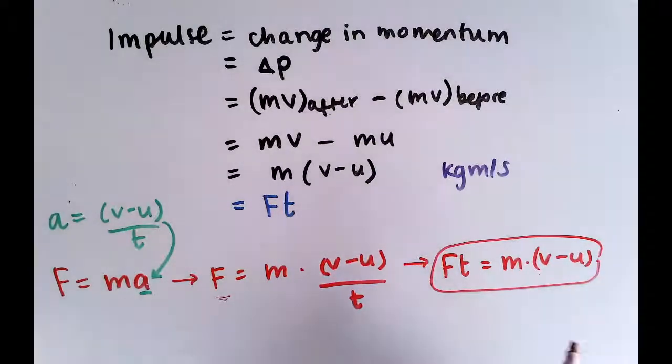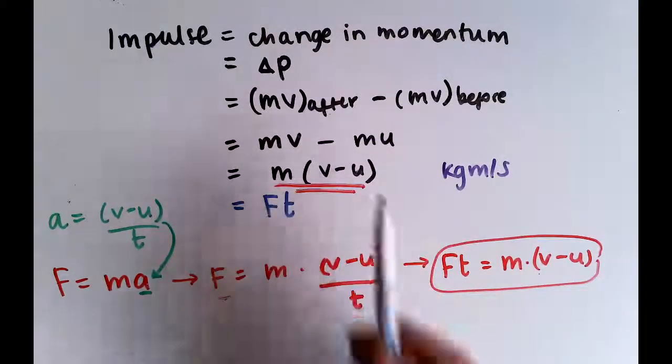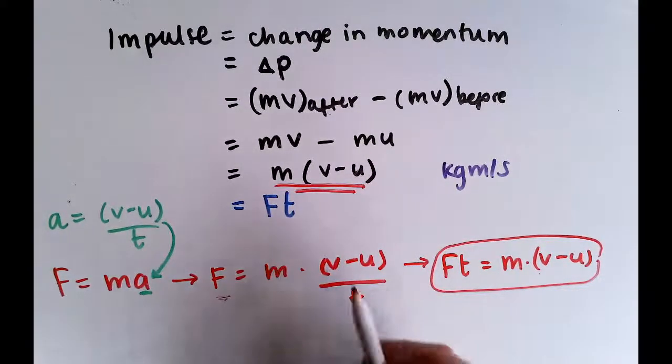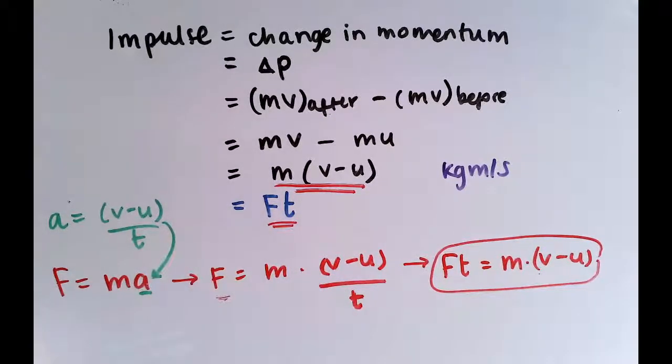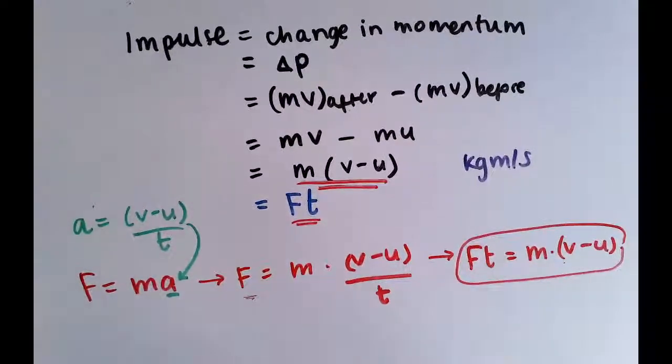And so what I've done is I've proved that change in momentum, which is impulse, is also equal to the product of force and time. So if an object has a force exerted on it for a time t, the product of force and time is the change in momentum.